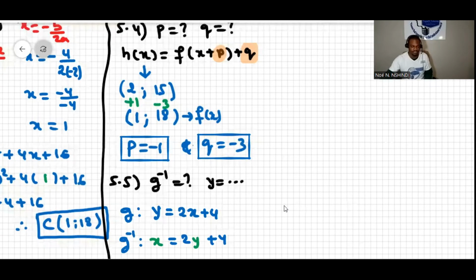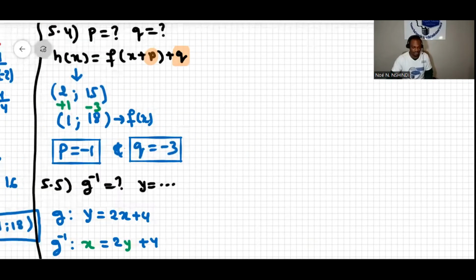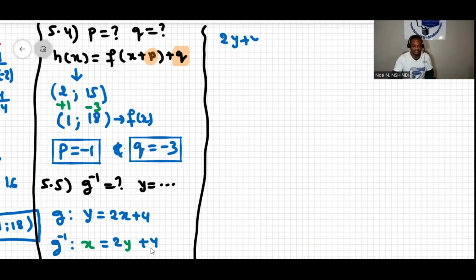Now move a little bit this way because I need space. Over here, I'm going to reverse the order. So 2y plus 4 equal to x. If I move the 4 over, we'll have 2y equal to x minus 4. Now to find the value of y, we'll divide each term by 2.